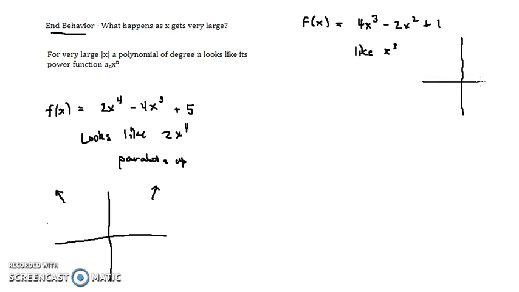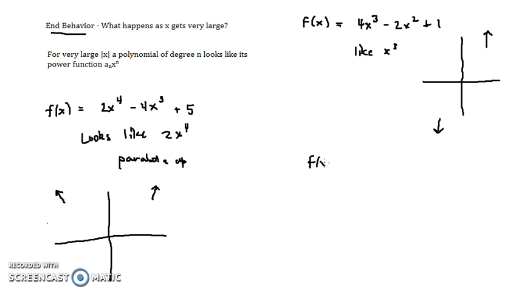So for our end behavior, picture x cubed for the whole thing. It looks like this. So we know that it's going to point down on this side and up on that side. So we know that the ends have to look like this. So if it's even, it looks like a parabola. If it's odd, it looks like x cubed.